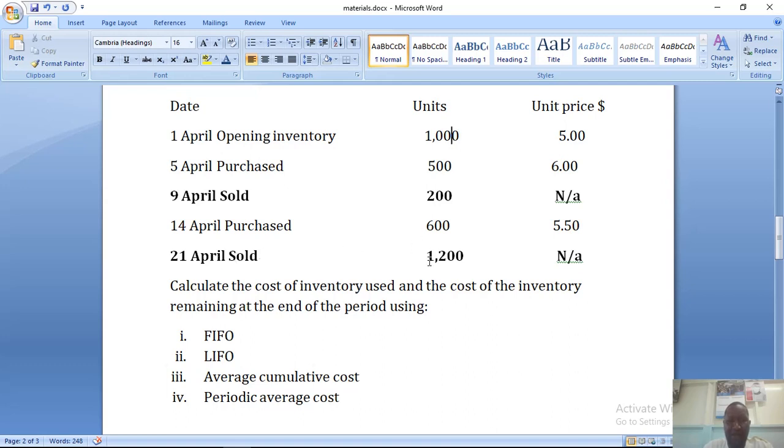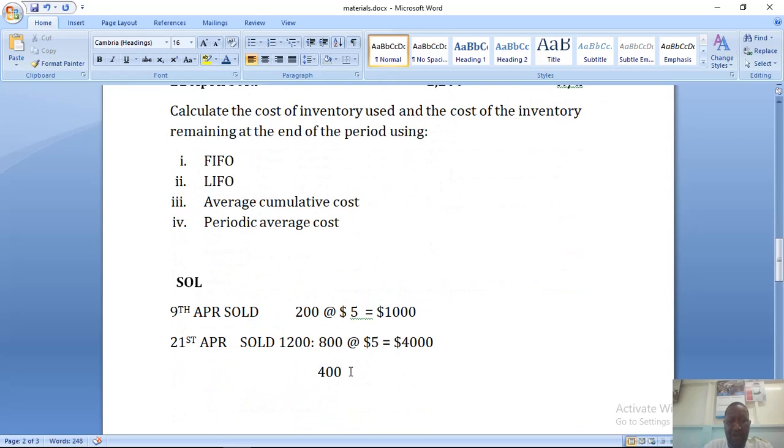So when we come to make this issue of 1,200 units, we have to make sure that the earliest units are issued first, and that's the 800 units. Then the balance of 400 units will be issued from the 500 units that were received on the 5th of April. We're following the model of first in, first out. So the issue here of 400 units will be at the price of $6 per unit.